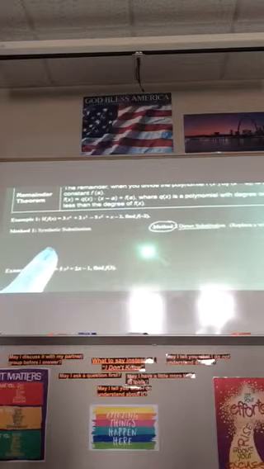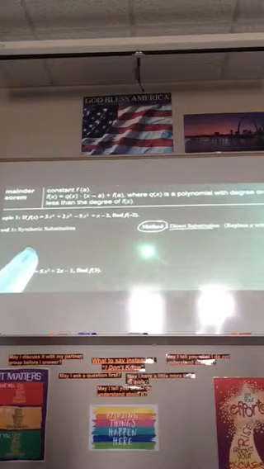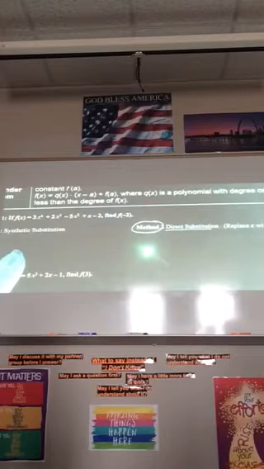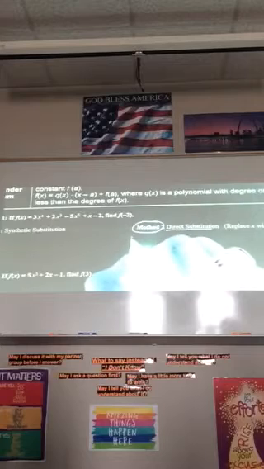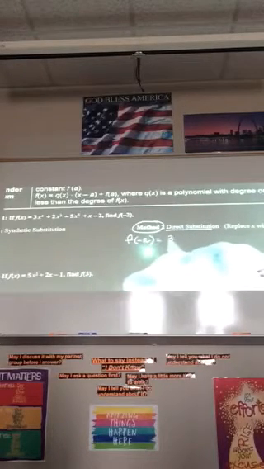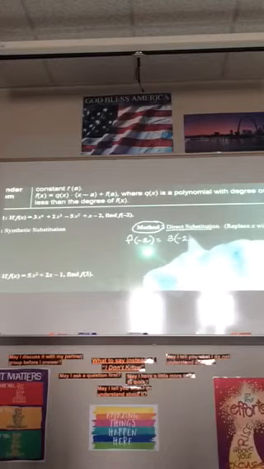Will you please just input negative 2 in for x? So replace or substitute x with negative 2. Get your worksheet out and do this with me, please. So f of negative 2 equals, input negative 2, please.